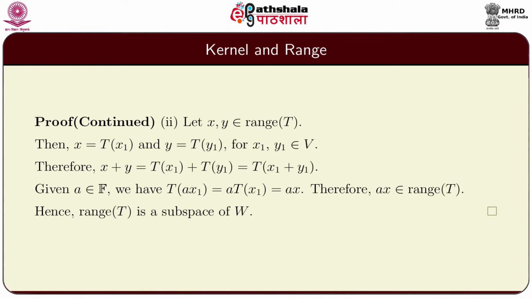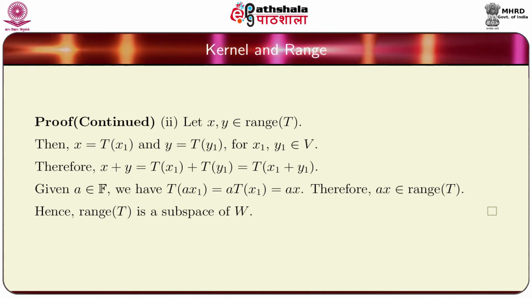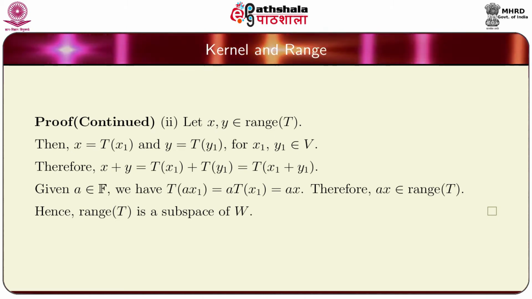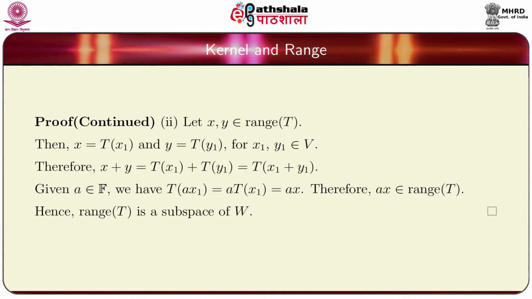Again, the range of T, which is a subset of the vector space W, is also non-empty because the 0 vector would surely lie there. And now to prove that range of T is a subspace of W, we start with two vectors x and y.